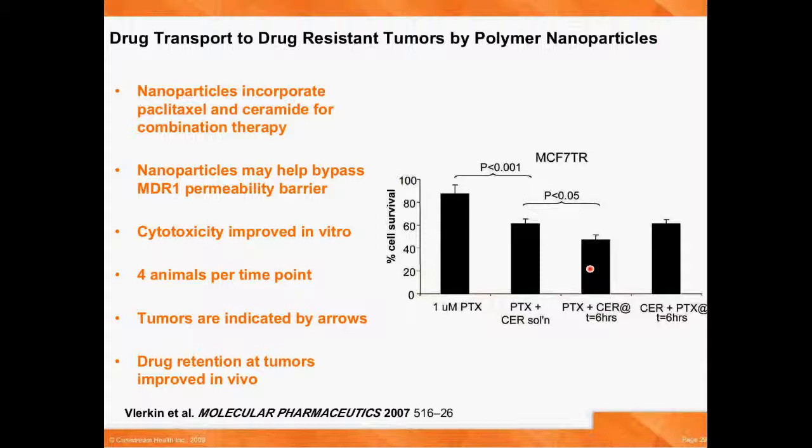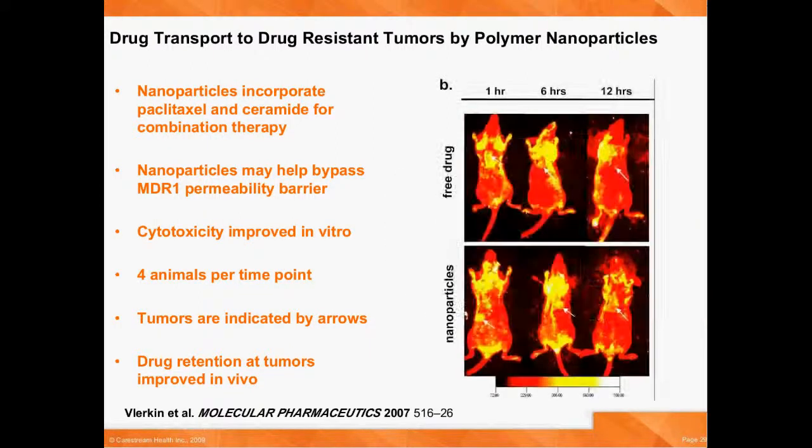Thus, it's important to monitor in vivo in as many different tumor cell and tumor models as one can how a nanoparticle will get into a cell, into a tumor, and to what extent it gets into that tumor.